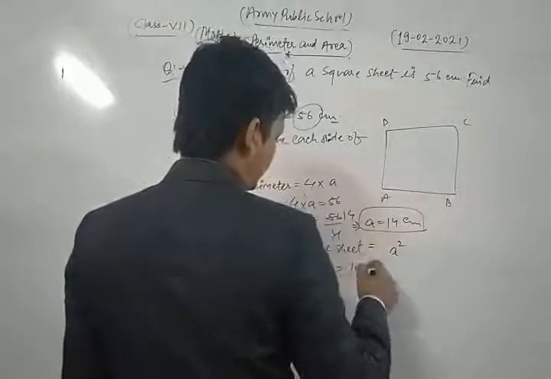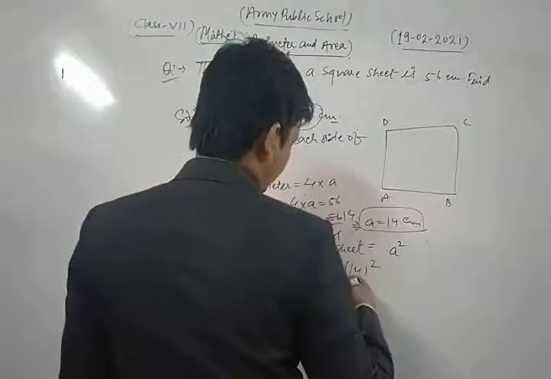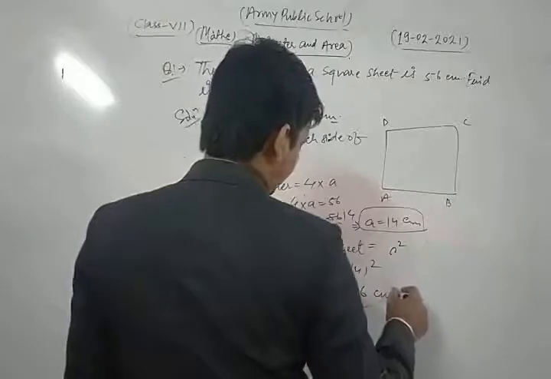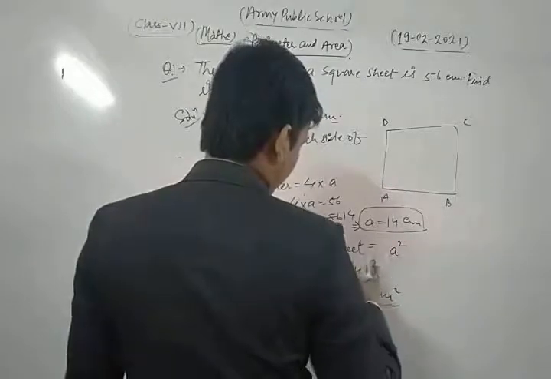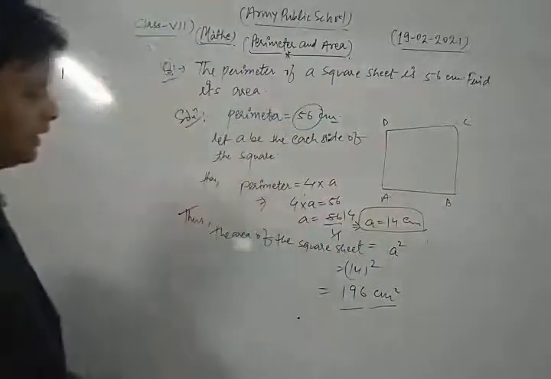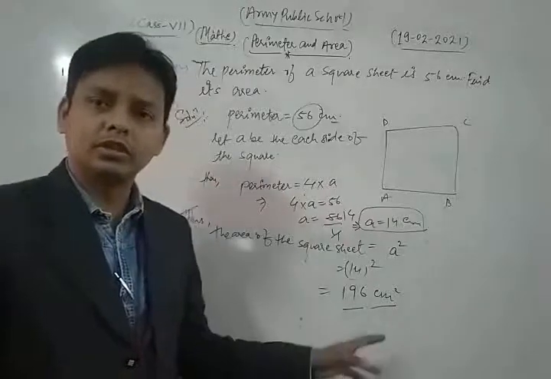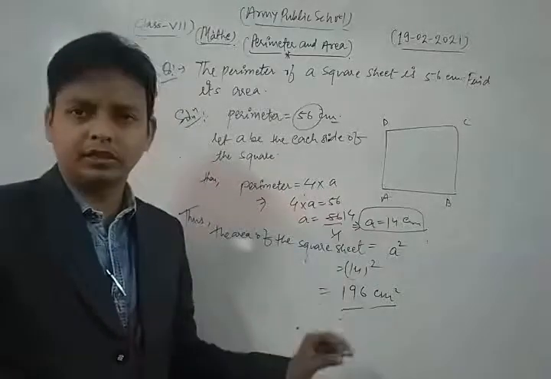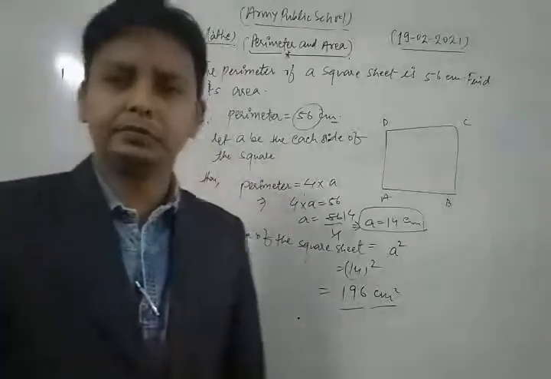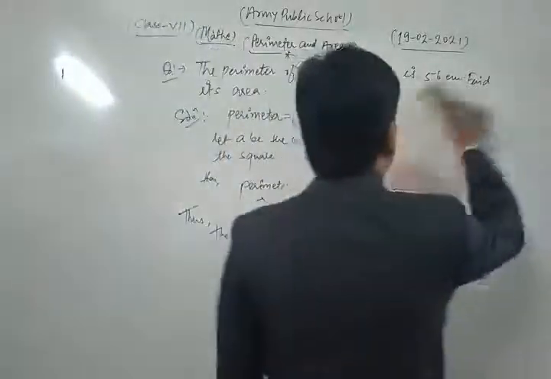So 14 square, which is 196 centimeter square. So this is the required solution of the given question. Okay, students, so using that concept, you can solve each and every question of your NCERT exam based on rectangle. Okay. Now let's see the next question of your syllabus.